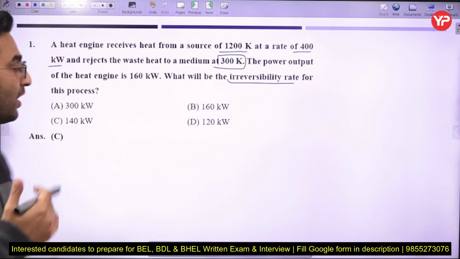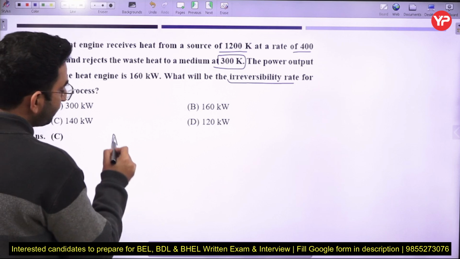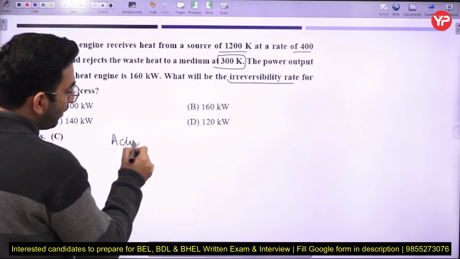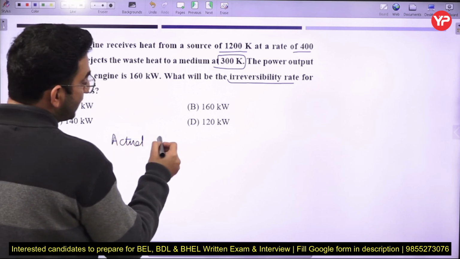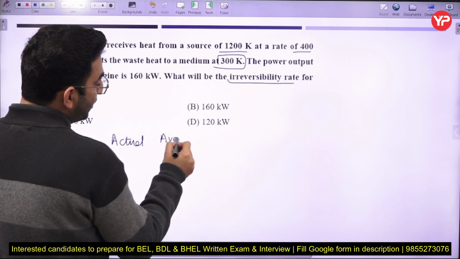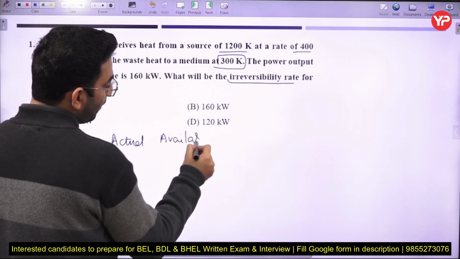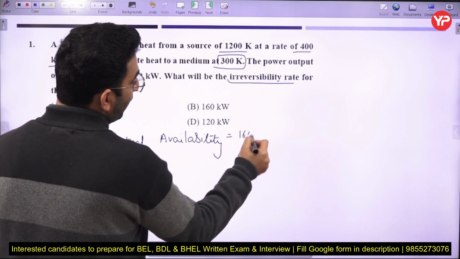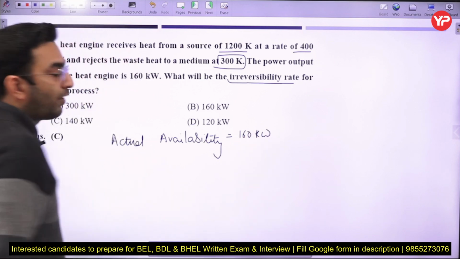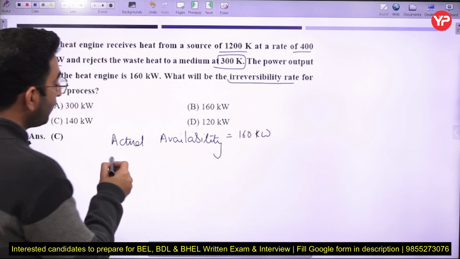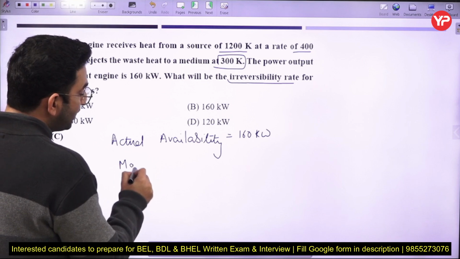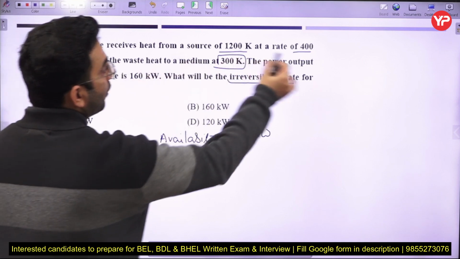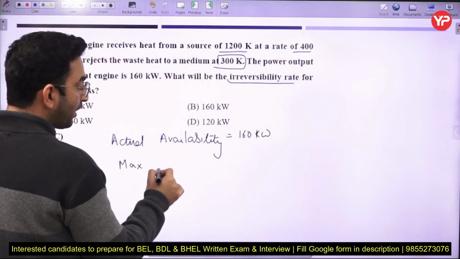So we can say the actual availability, the actual amount of work done from the engine, is equal to 160 kilowatt. But if you want to find the maximum amount of availability in the 400 kilowatt of energy, you can also calculate it.